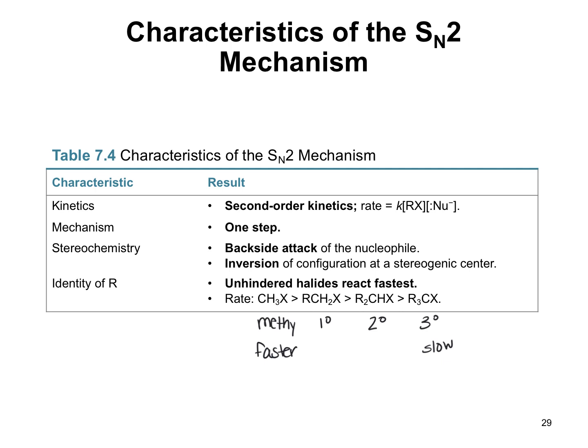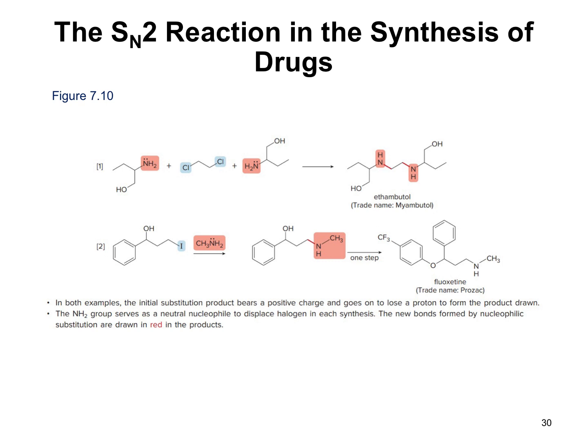Now, I love a good practical application. SN2 synthesis is used in the synthesis of drugs. Here are two really great examples where we end up with an SN2 synthesis. This SN2 synthesis is really interesting. It'll attack here to attach and form that bond. And then a second equivalent of that molecule will come in and attack here to form the bond there.